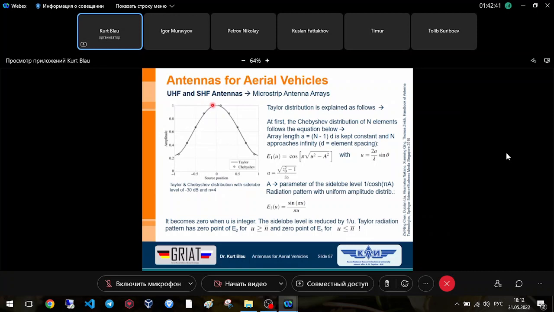This means the center elements have a relative normalized magnitude of 1, and the outer elements near the edges have, let's say, 0.3 or 0.4 times the magnitude level of the center elements.